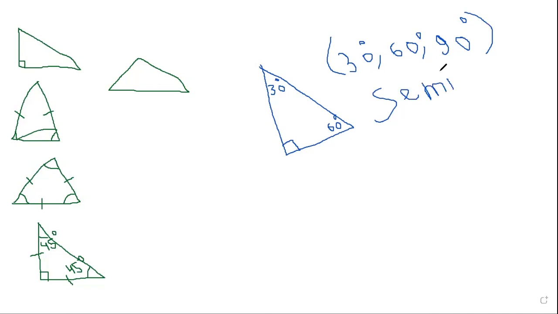It is called a semi-equilateral triangle. Don't forget this triangle. You should always remember that it has a 30 degrees, a 60 degrees, a 90 degrees angle. So it is called a semi-equilateral triangle. So these are the special triangles that we talked about before.